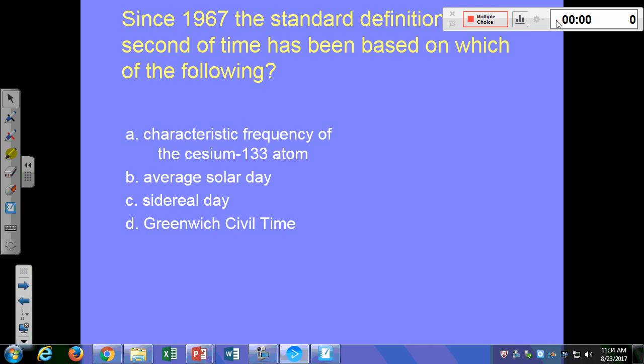What about the second? The standard definition for the second of time is based on which of these today? Frequency of cesium, average solar day, sidereal day, or Greenwich Civil Time?